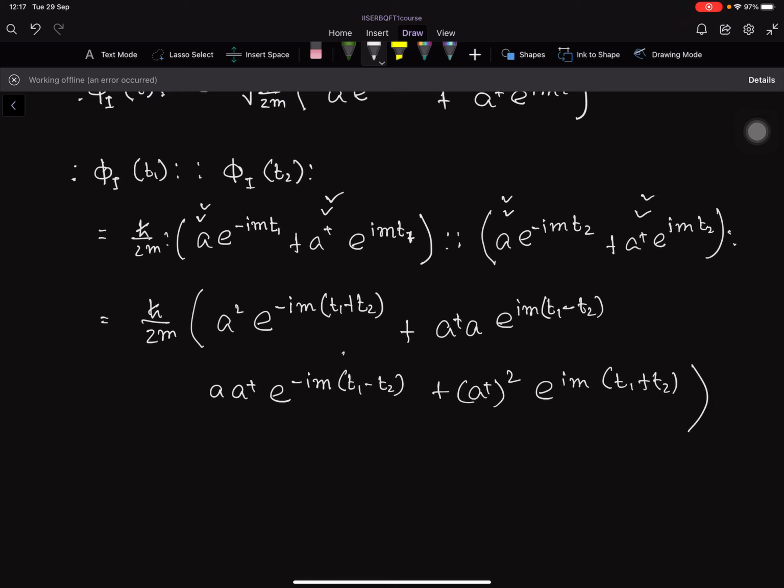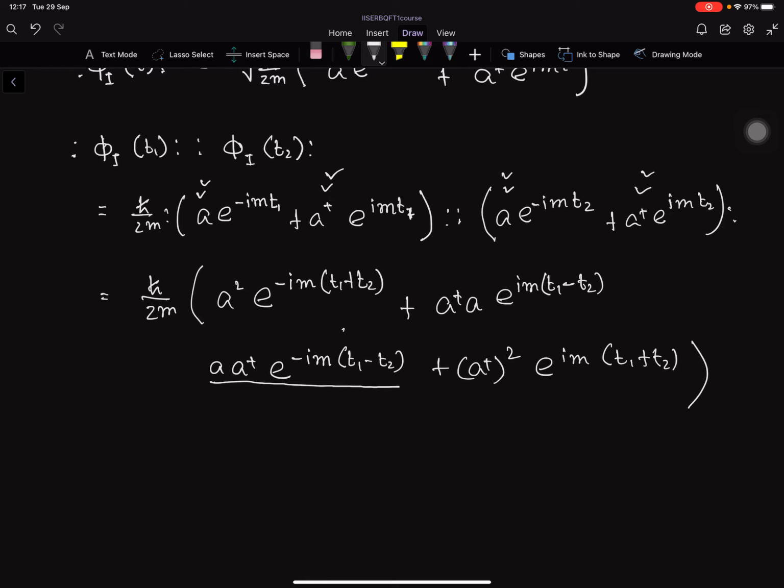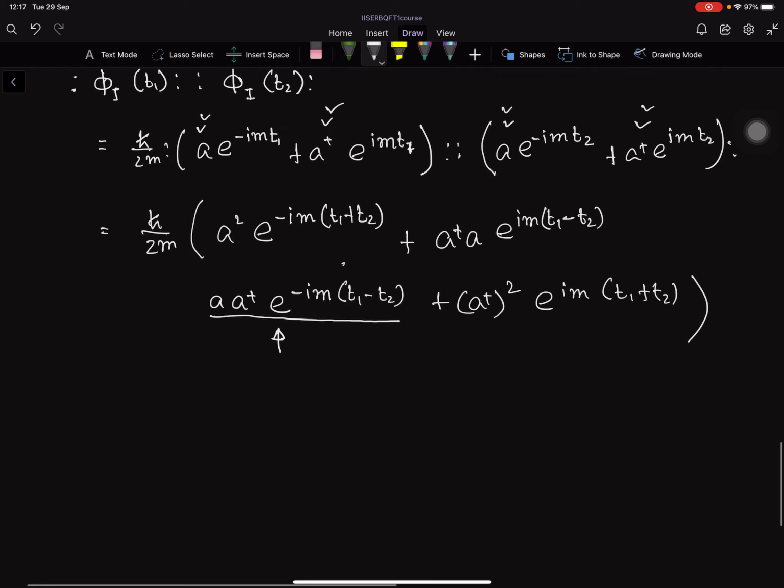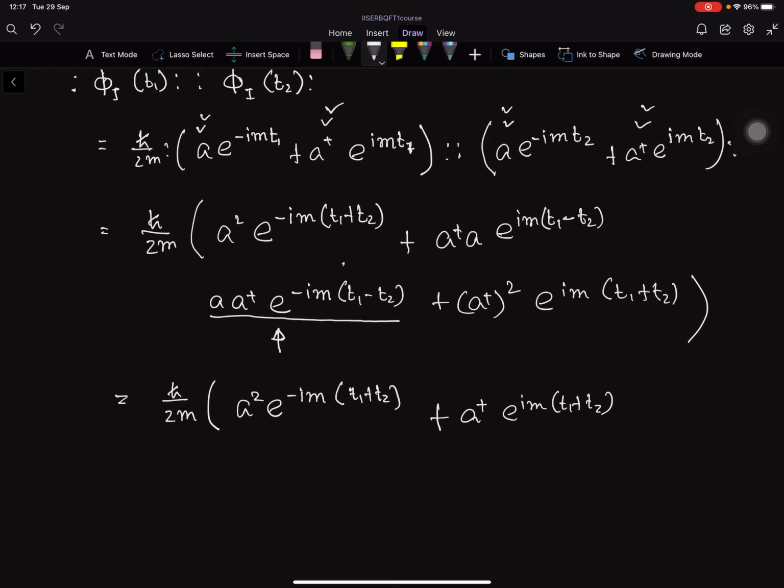Okay, now you can see that this is almost same as the normal order thing, except this is not good. So this can be then written as h bar by 2m a squared exponential minus im (t1 plus t2), a dagger squared exponential im (t1 plus t2), a dagger a exponential im (t1 minus t2).